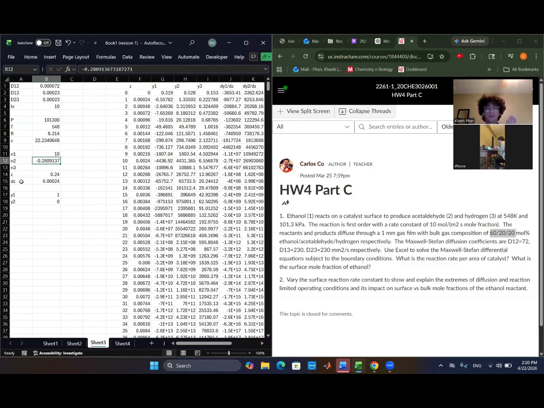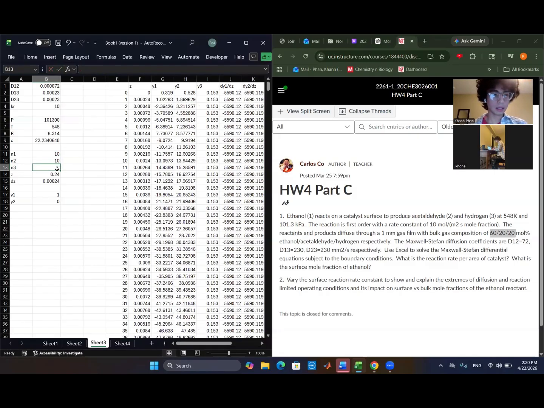Since they travel in different directions, ethanol is traveling down while acetaldehyde and hydrogen are traveling up. We're going to make N2 equal to negative N1, so this is equal to negative N1, and then N3 is just N2.